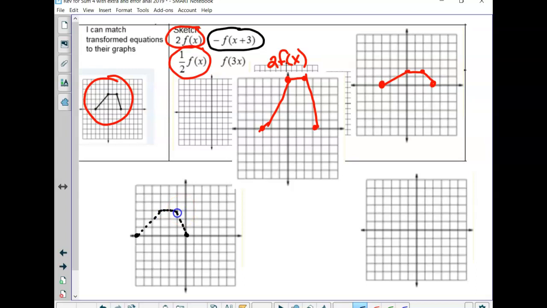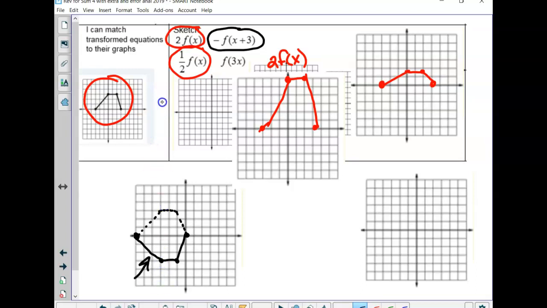So that's just the left 3 part, but then it's also reflected over the x. So now the intercepts stay the same, but instead of going up 3, it's going down 3. So it should have exactly the same size and shape. Those are both rigid transformations, but it's in a whole different place. So this is the final answer down here.